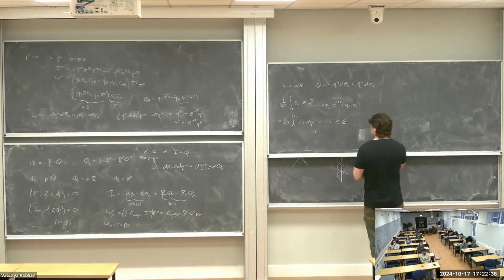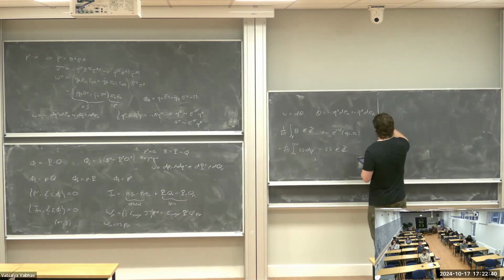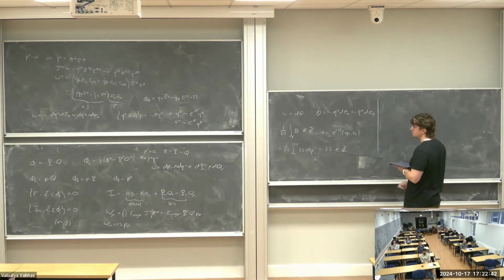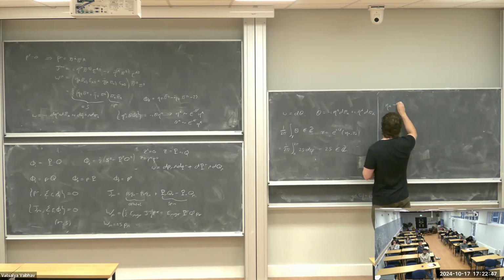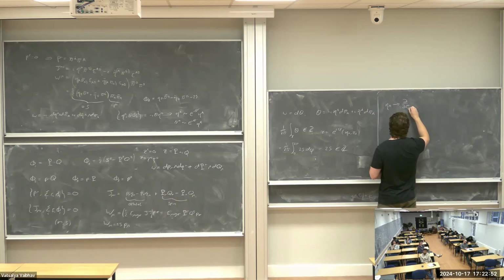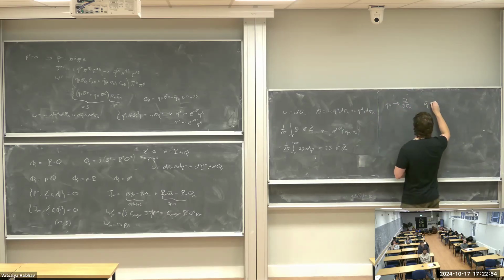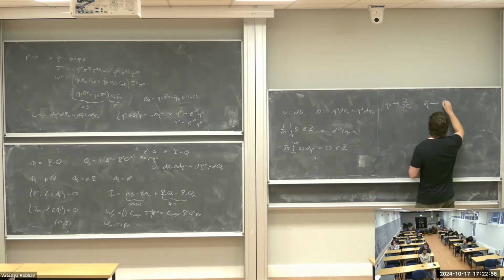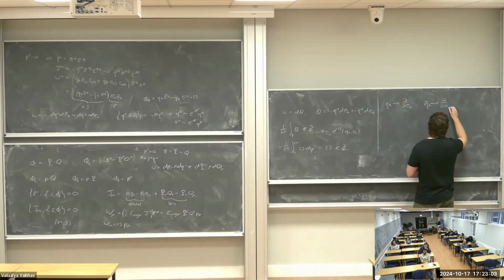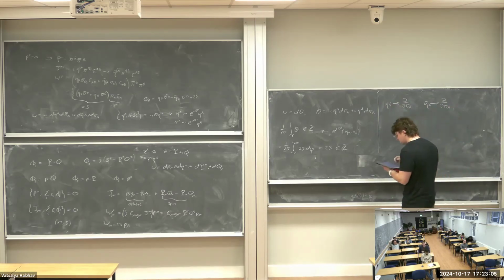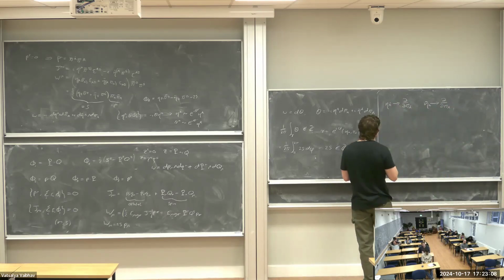So now that I know it's an integer, I can just do canonical quantization. I'm going to say that eta A is just d by d pi bar, and then eta bar goes to d by d pi dot. One of these will have a minus.